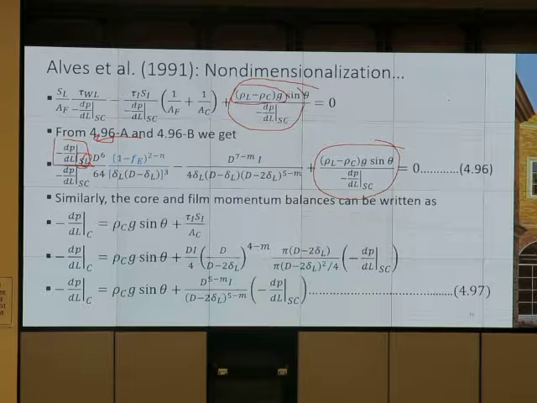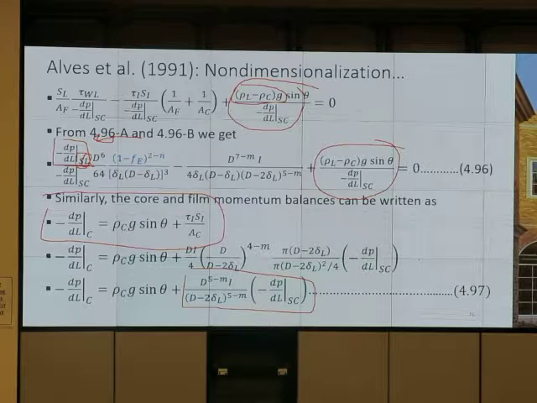So then that's a combined momentum equation, right? Dimensional form for the pressure drop in the core, we can scale it and make it in terms of geometric relationship. The core and film momentum balance can be written like that.